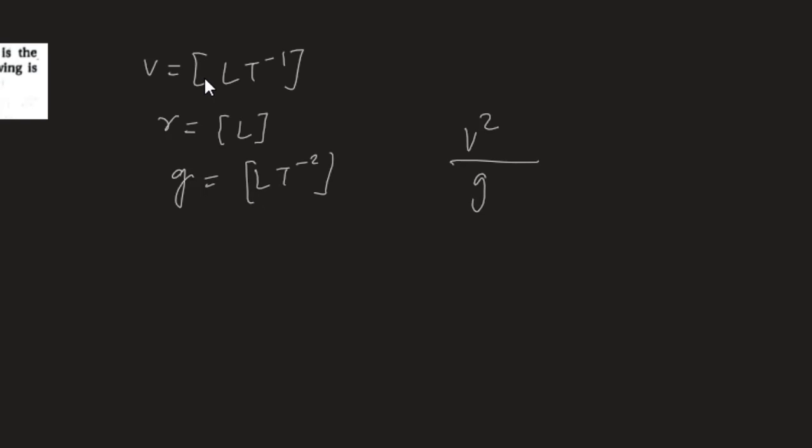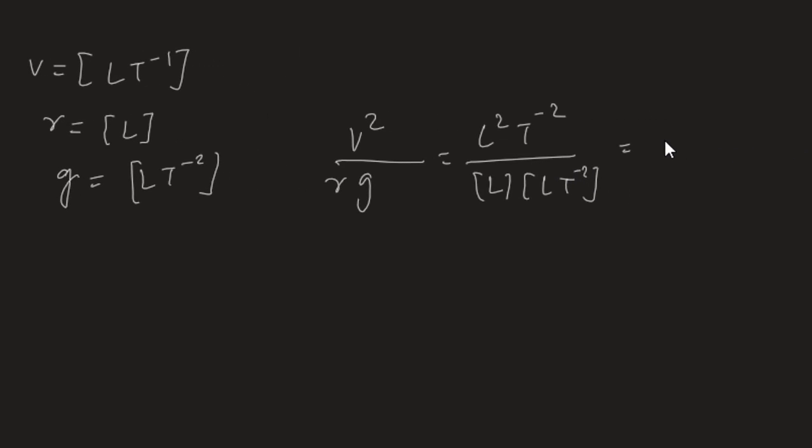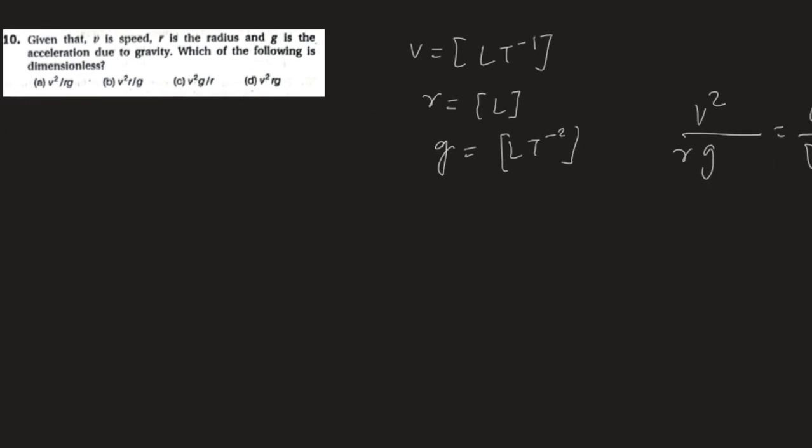So in the denominator I have 1 L. So again, if I write R in the denominator, then I'll get 2 L. So here in v square we'll get L square t minus 2 divided by, for R we'll get L, and for g L t minus 2. So it will become dimensionless, right? So the correct answer will be which one? This one, v square by rg.